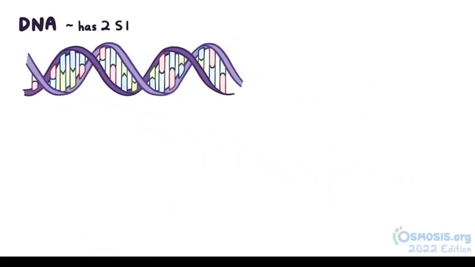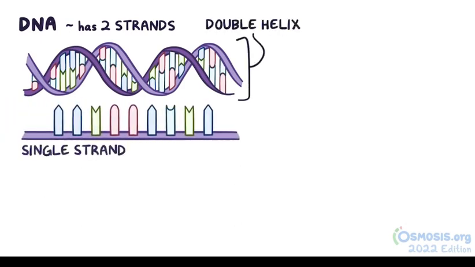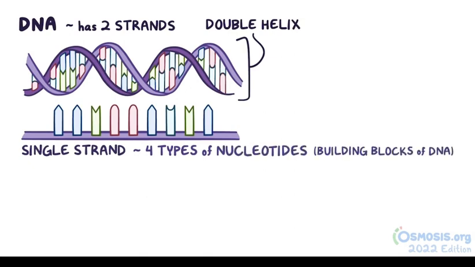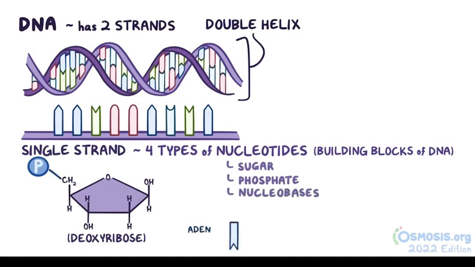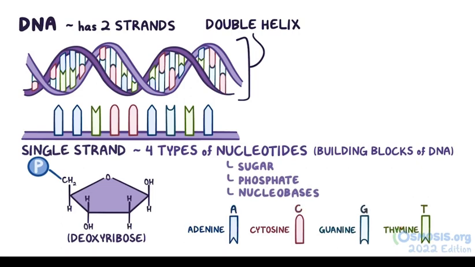Now, DNA has two strands, which wrap around each other to form the characteristic double helix. Each single strand of DNA is composed of 4 types of nucleotides, which are the individual letters or building blocks of DNA. Nucleotides of DNA are made of a sugar, deoxyribose, a phosphate, and one of the 4 nucleobases, adenine, cytosine, guanine, and thymine, or commonly ACGT for short.